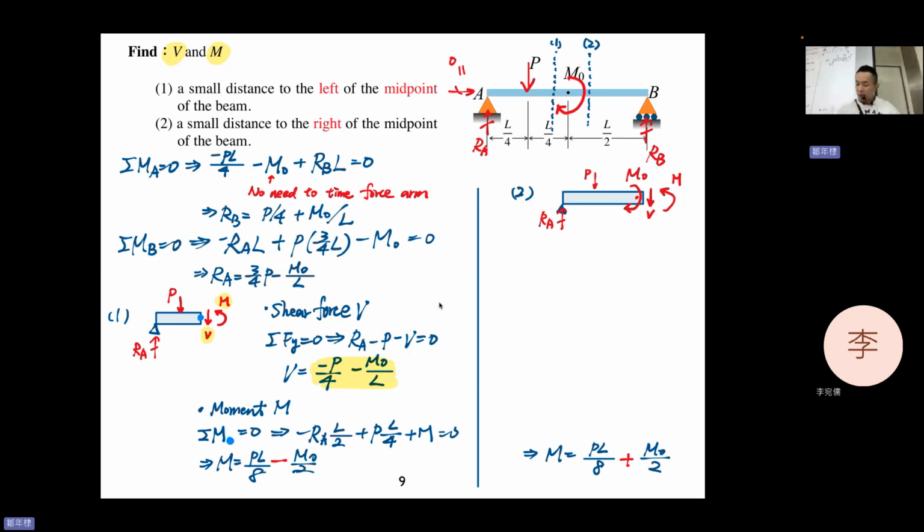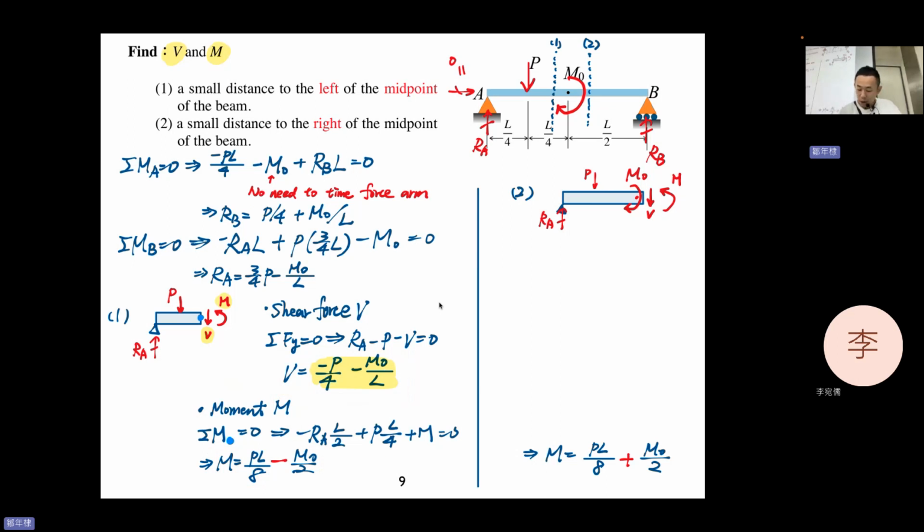Last time we determined the first one. We cut this and keep the left-hand side, and then draw V and M. We do the force balancing, and we have V become this one, then M become that one.